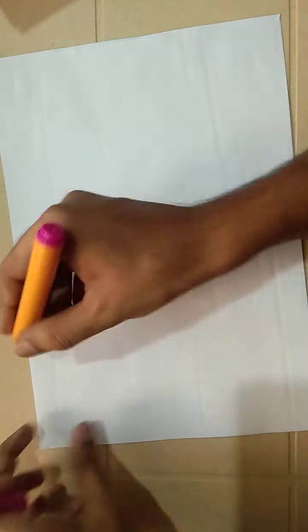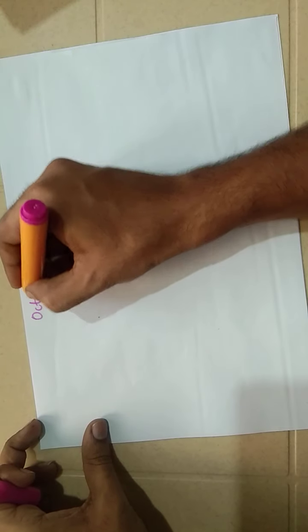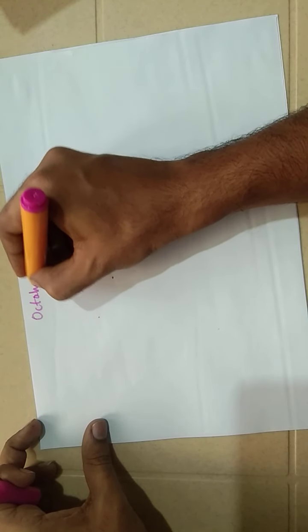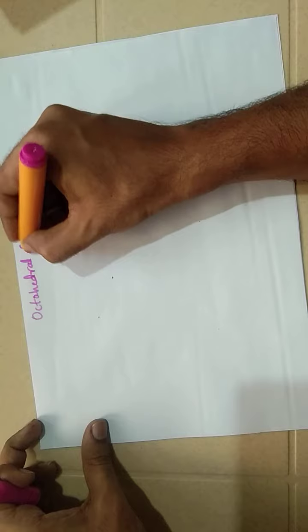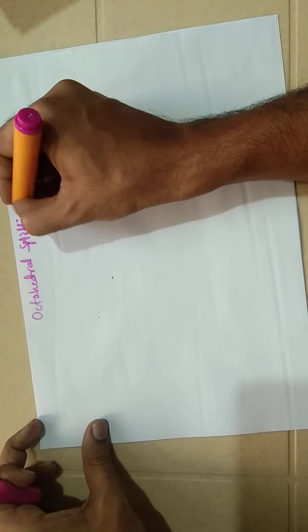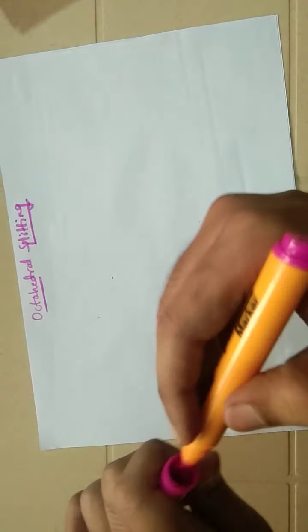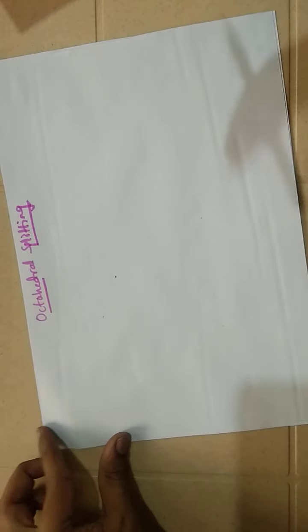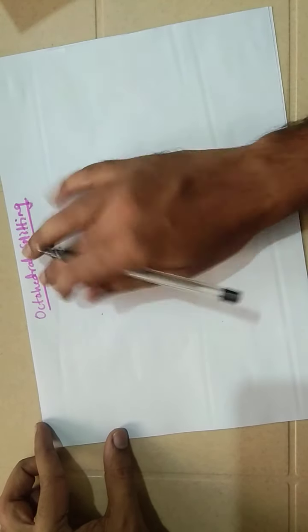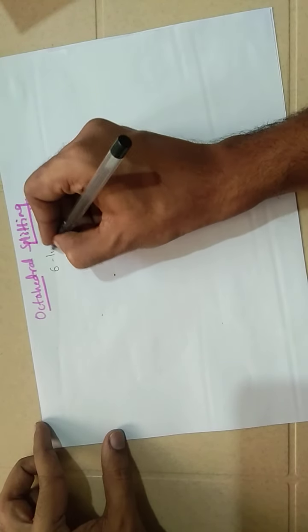Okay, next is octahedral splitting. As I say octahedral, the first thing you should know is that it has 6 ligands.